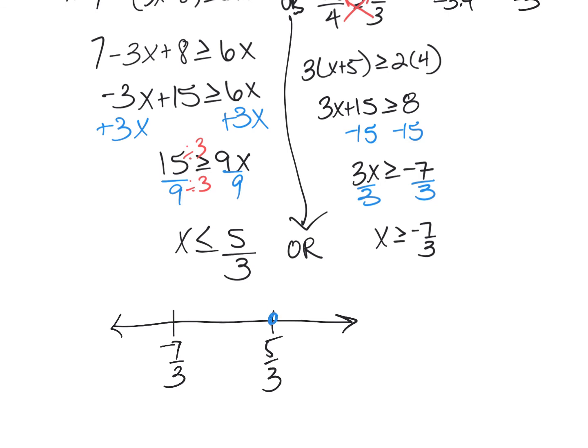And we have a closed circle less than 5/3 and a closed circle greater than negative 7/3. Is this one of those special cases? Yeah, it's all real numbers because the whole number line is shaded, and with OR equations, we're looking for all the shading.